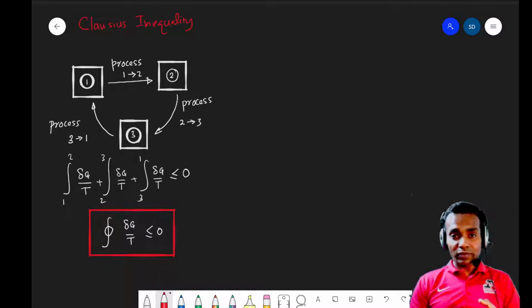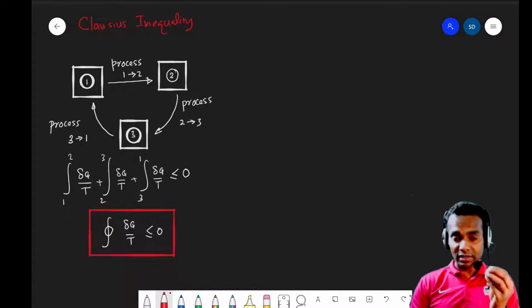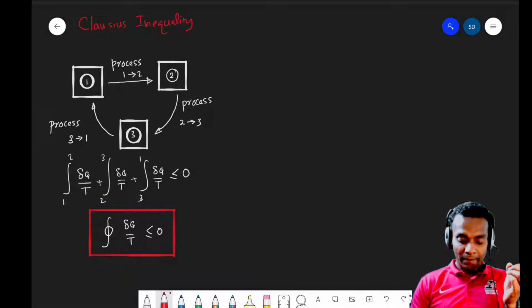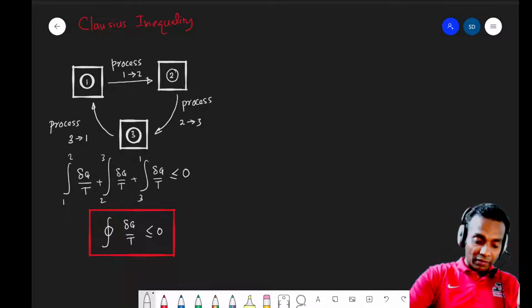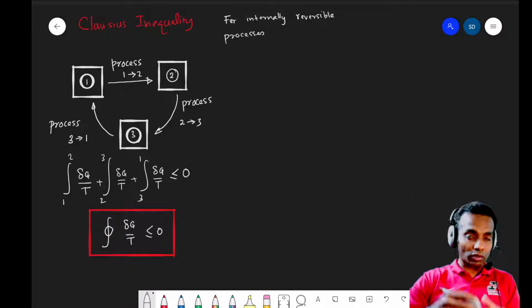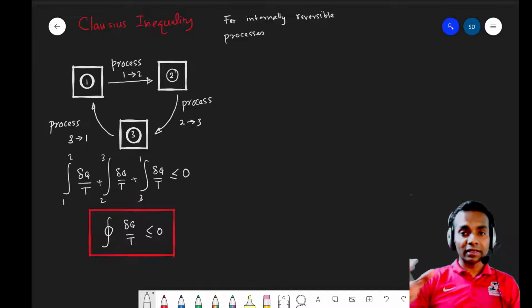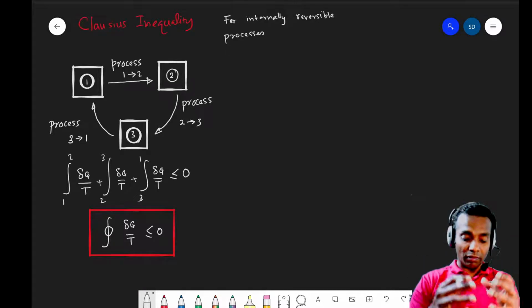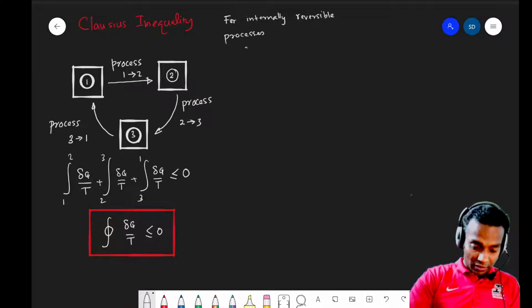Now, as soon as we see this, we have a question: when does the cyclic integration of delta Q over T equal 0? It was later found that for internally reversible processes, if the cycle is made up of internally reversible processes, this quantity delta Q over T equals 0 for the cycle.